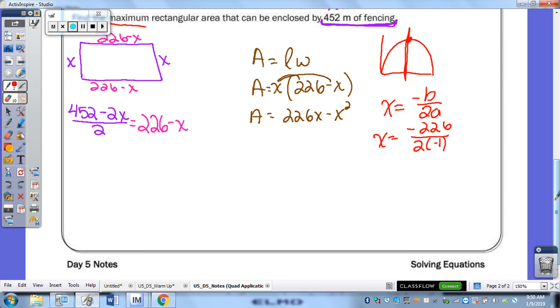What's 226 divided by 2? 113. So now if I plug 113 into my equation for x, that's going to give us what our maximum area is.